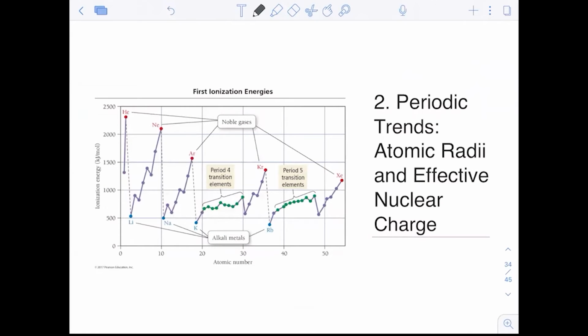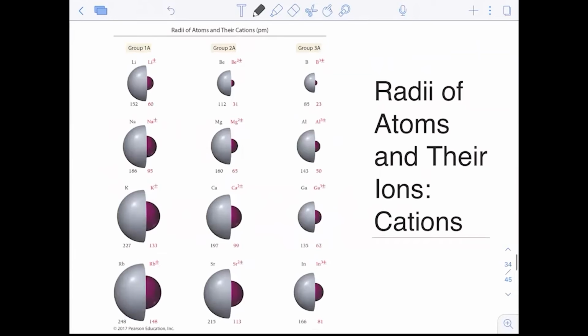The second trend is atomic radii, and how it actually affects the size of the atom. Radii of atoms. Let's first look at the gray circles here.